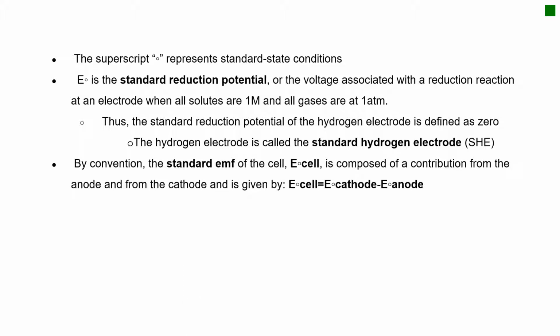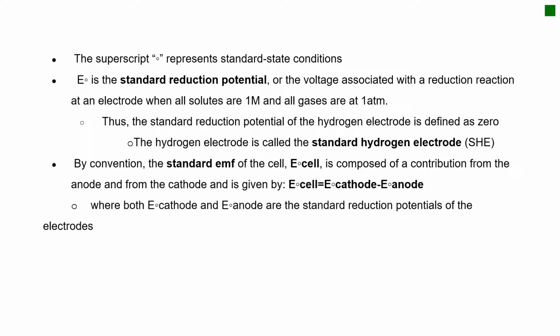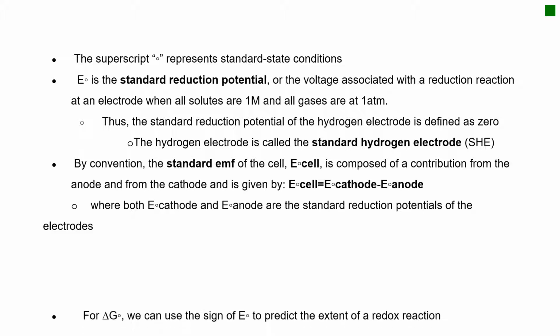of electrodes. So by convention, the standard EMF of the cell is composed of a contribution from the anode and from the cathode, and is given here by the standard EMF equals the potential of the cathode minus the potential of the anode, where both the cathode and the anode are the standard reduction potentials of the electrodes.